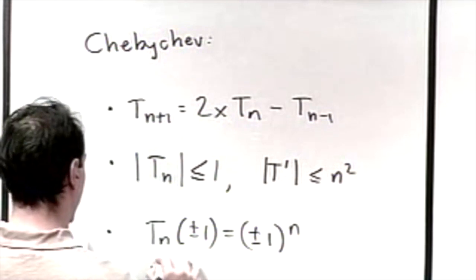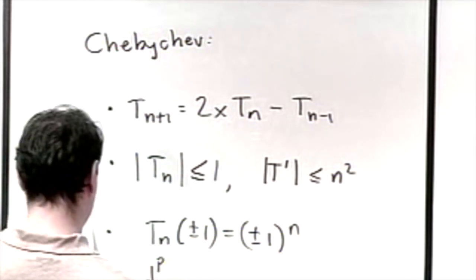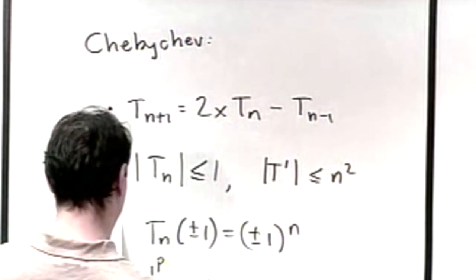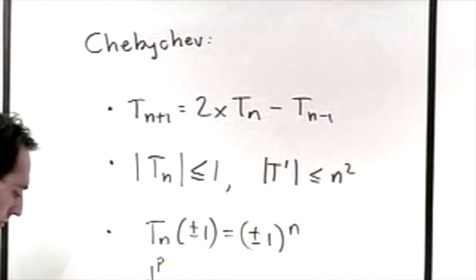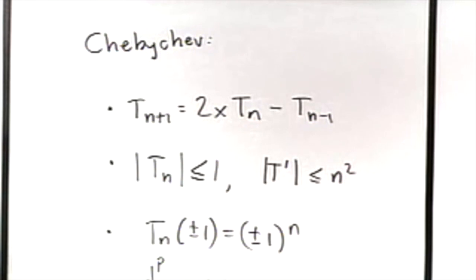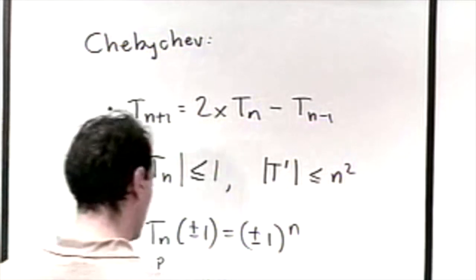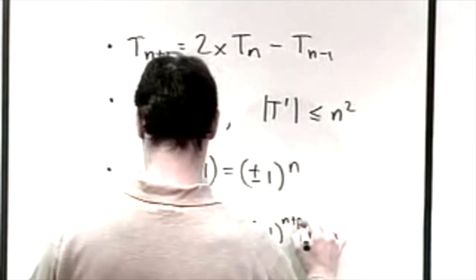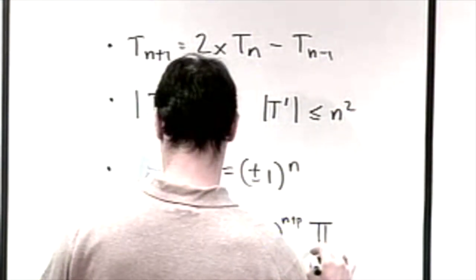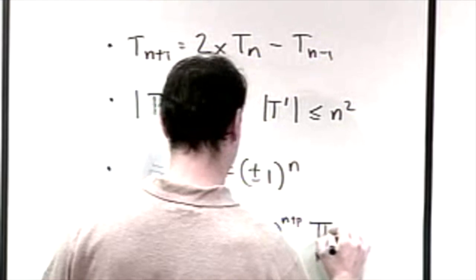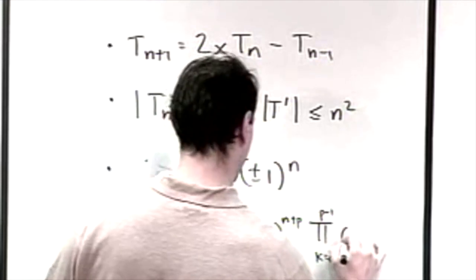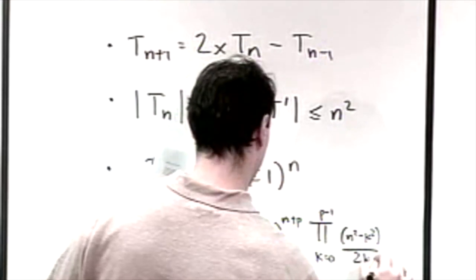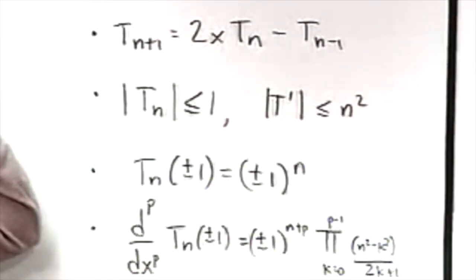If you differentiate this thing, or the derivative at the boundary, okay, so now we're looking at the derivative at the boundary here, is equal to plus or minus 1 to the n plus p, product 0 to p minus 1, like that.